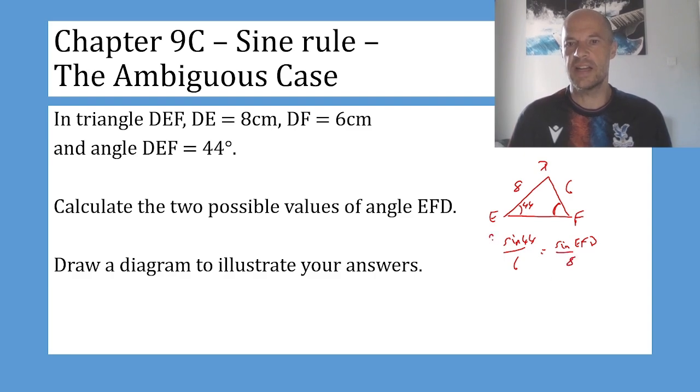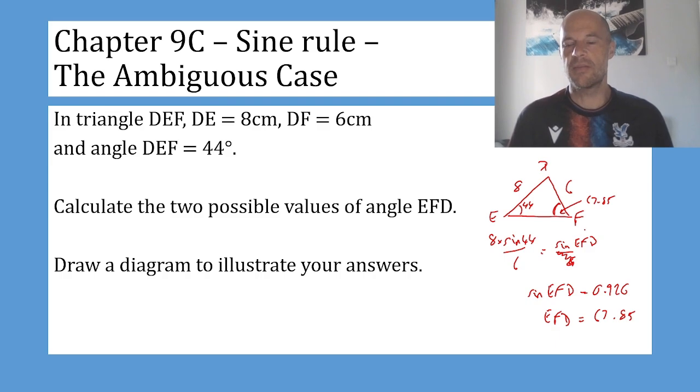So therefore 8 multiplied by the sine of 44 equals 6 times the sine of EFD, and I can work out that the sine of EFD equals 0.926, so therefore EFD is the inverse sine of that, and my calculator is giving me this answer of 67.85 to 2 decimal places. So this angle here is 67.85.